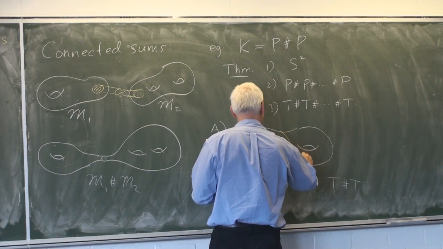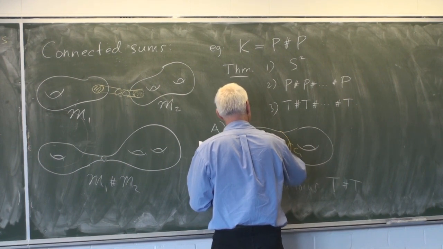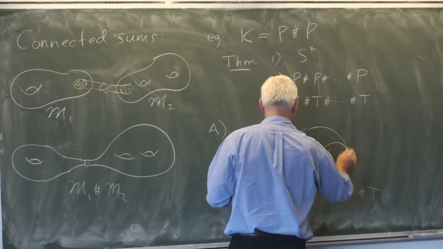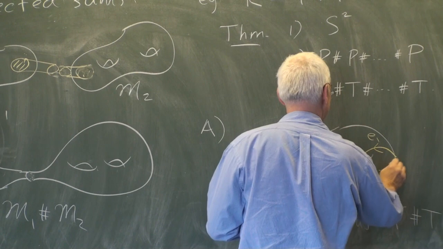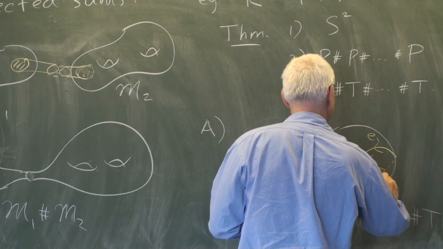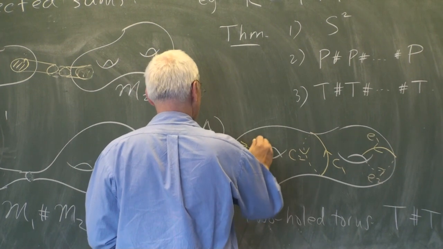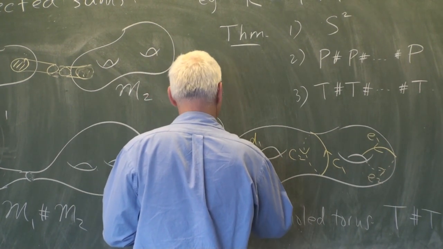Let's say there's C1, and on the back side C2, and over here we'll make a cut E1 on top, and under the bottom E2, and over here D1, and on the bottom D2.